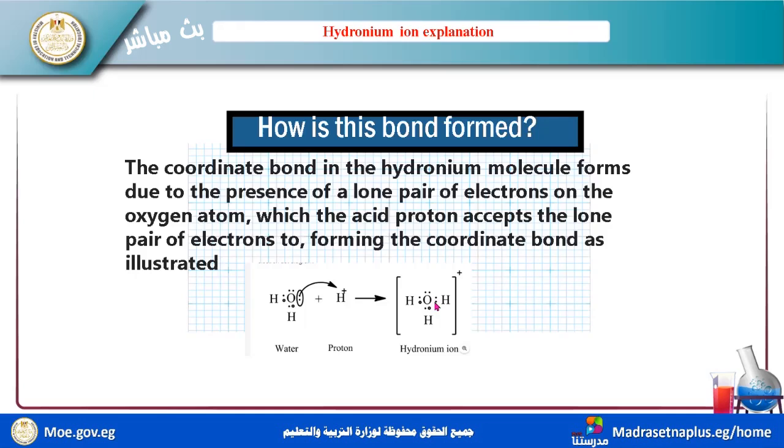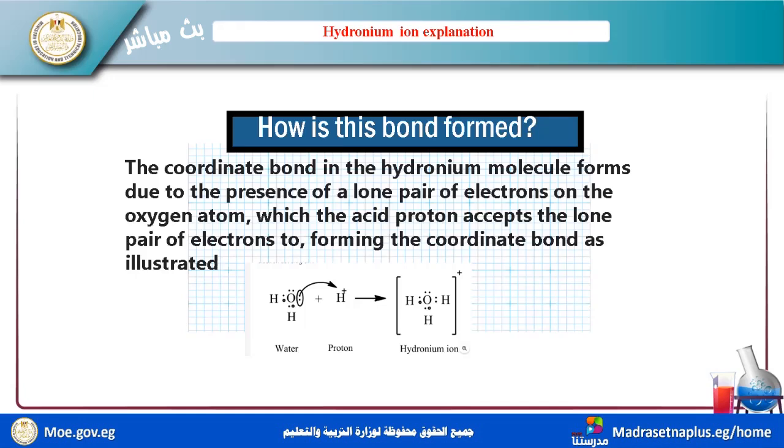What is the difference? By the U-shape, you have two different electrons. Here you find this equivalent bond, this is a covalent bond, and this is a coordinate bond.